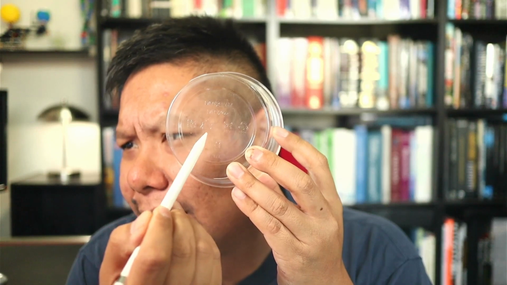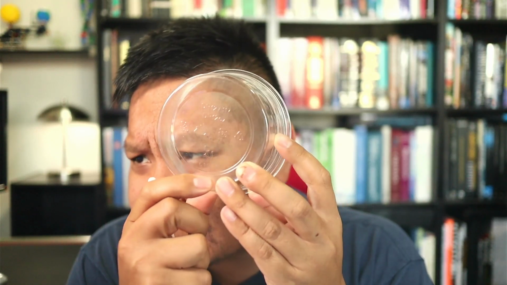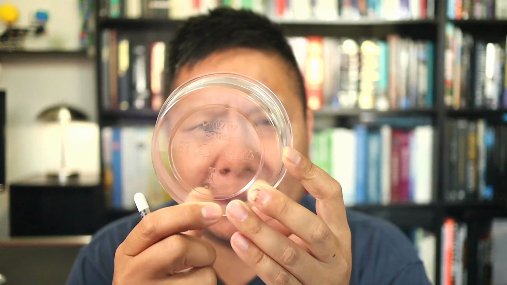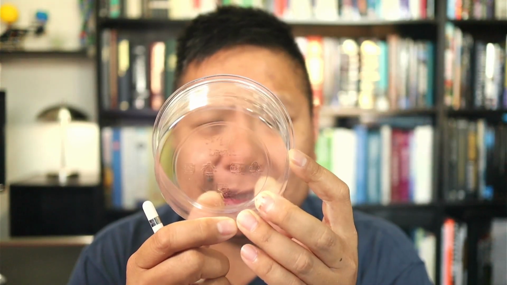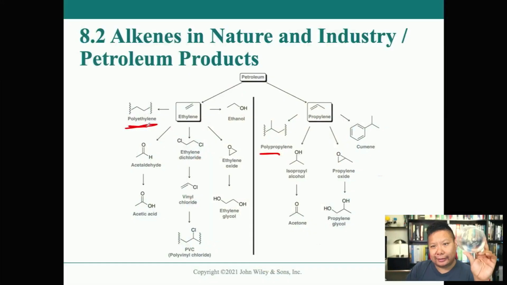You can't really see it because it's so clear, but there's a little triangle, and it's labeled 1, and it's actually labeled PET, which is polyethylene terephthalate, right? So this is a different plastic. I wonder if that's even listed on here. Oh, there it is, polyethylene. See, polyethylene is what this is made of. PE for polyethylene, right? I really want to show you PP though.